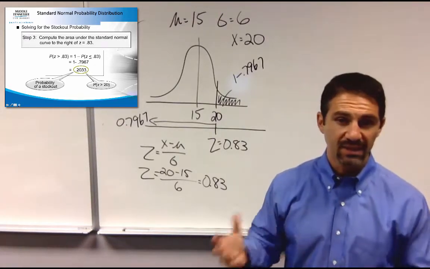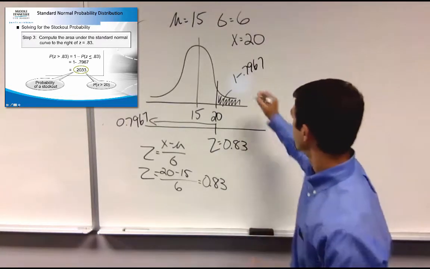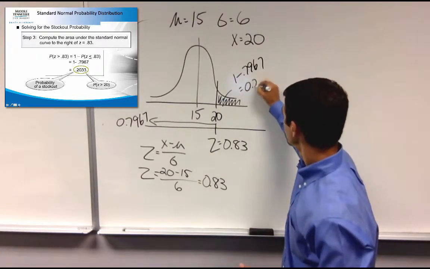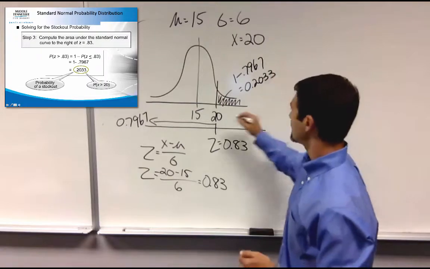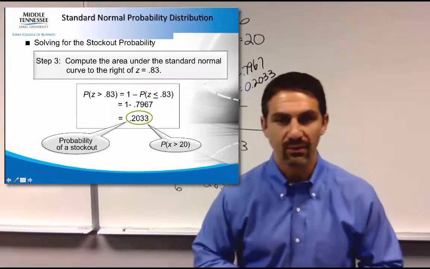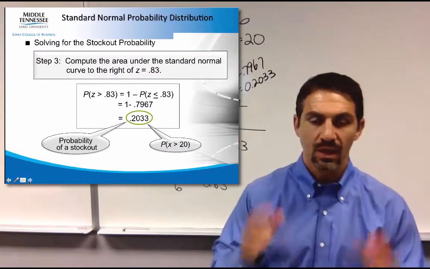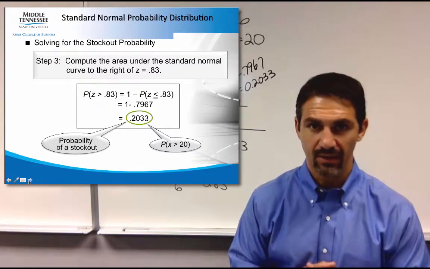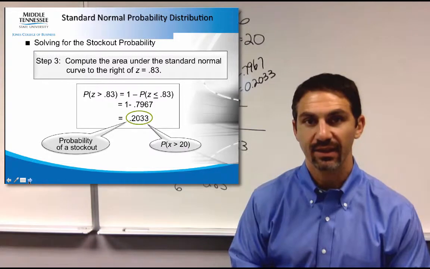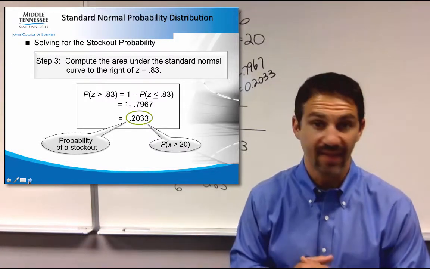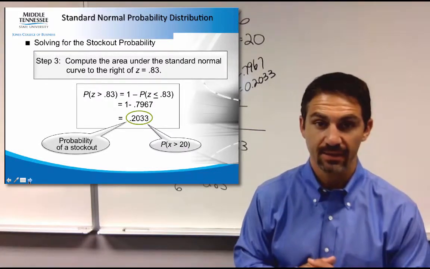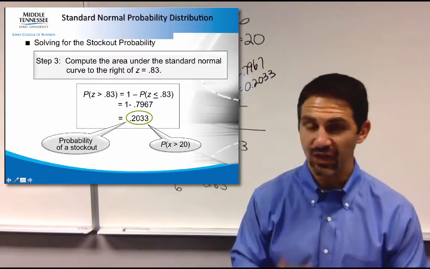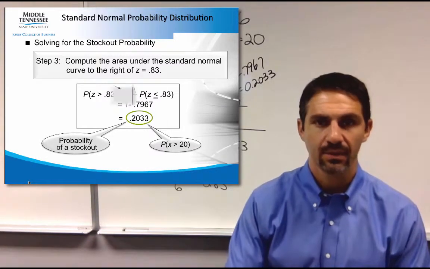So the probability of a stock out right now, if we always have enough for about 20 on average, is 20.33%. Do we want to run out of stock basically every fifth day, which is 20%? If the answer is no, then we need to change that amount.